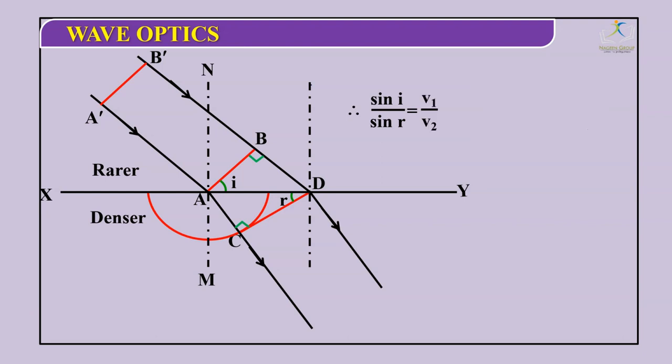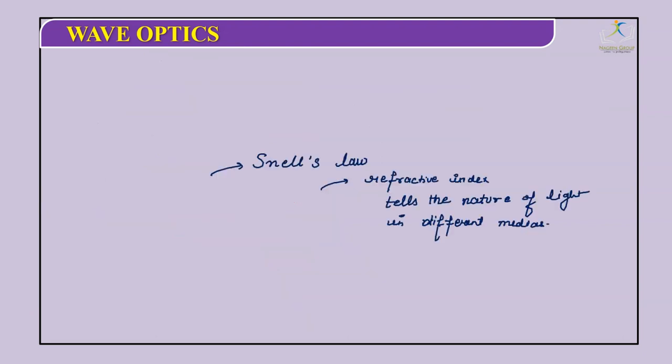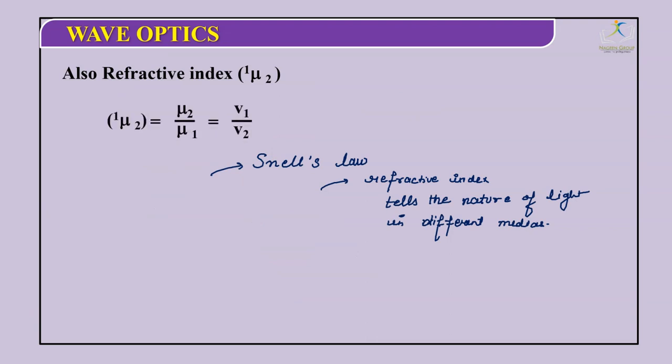Now, sin I by sin R is equal to V1 by V2. Also, the refractive index 1μ2, that is μ2 by μ1, is equal to V1 by V2.